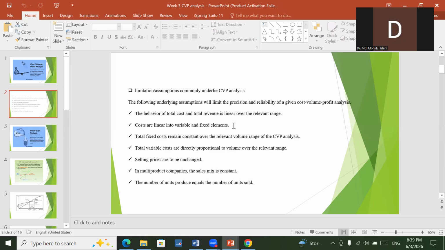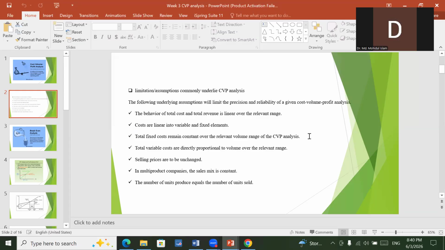This relationship is also called linear. And another criteria, total fixed cost remains constant over the volume range of CVP analysis. In CVP analysis, consider the total fixed cost will be constant.